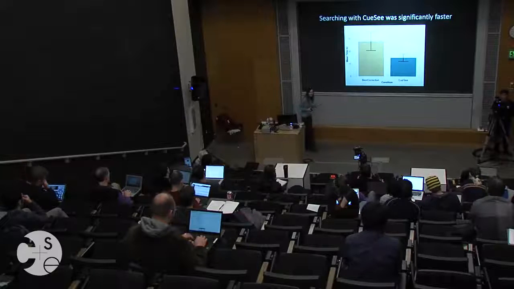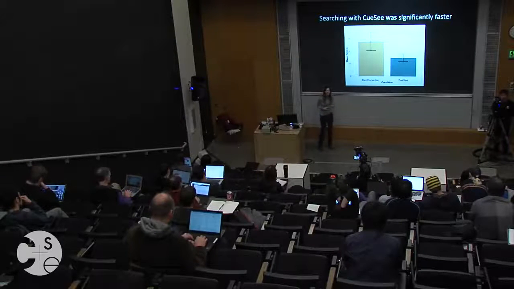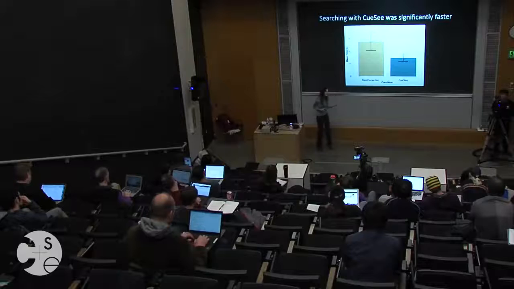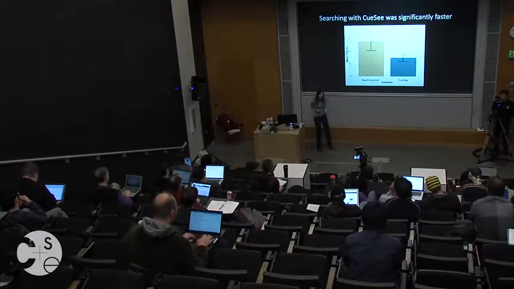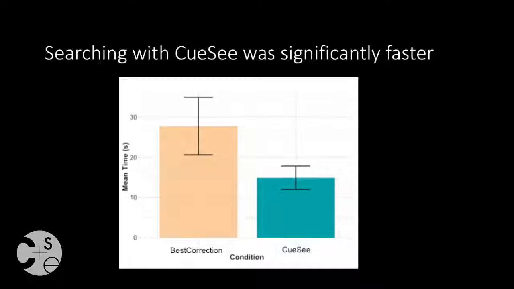Then when we asked people to perform a product search task with QC and with their best corrected vision, we found really good results. QC by far outperformed best correction. In terms of time to find the product, with best correction, so with glasses or contacts, it took people an average of about 27 seconds to find a product.